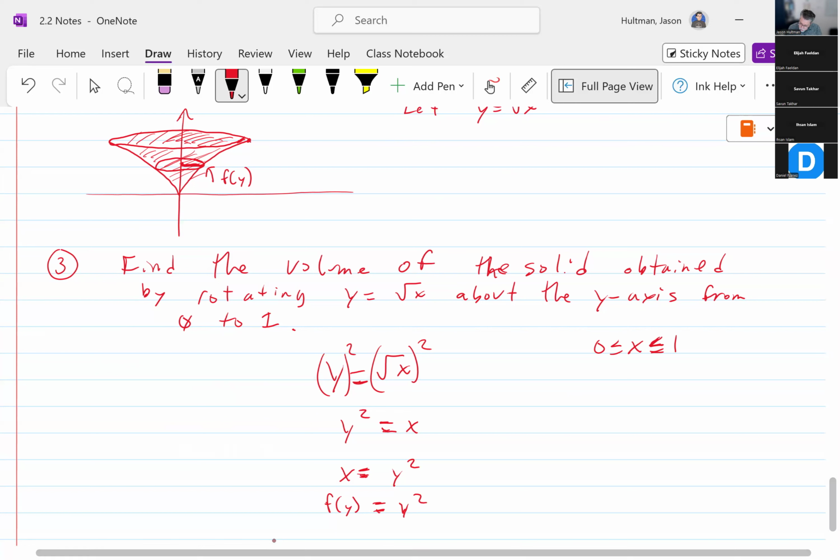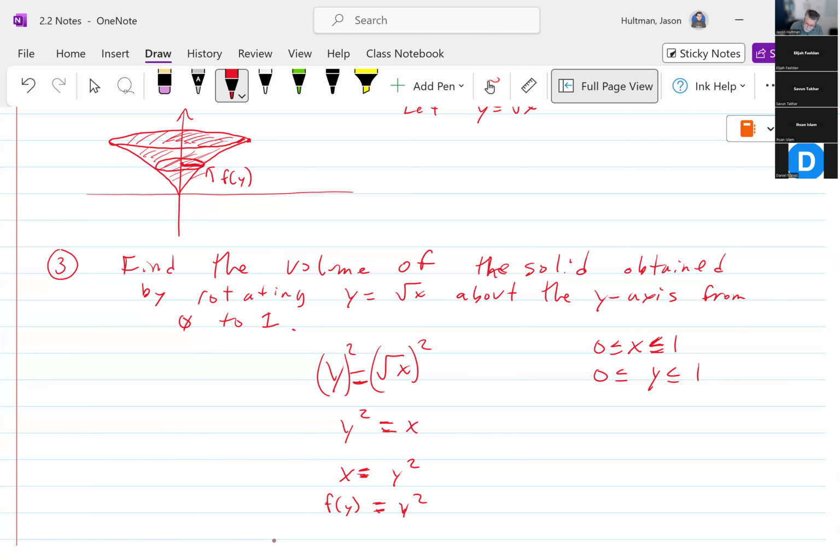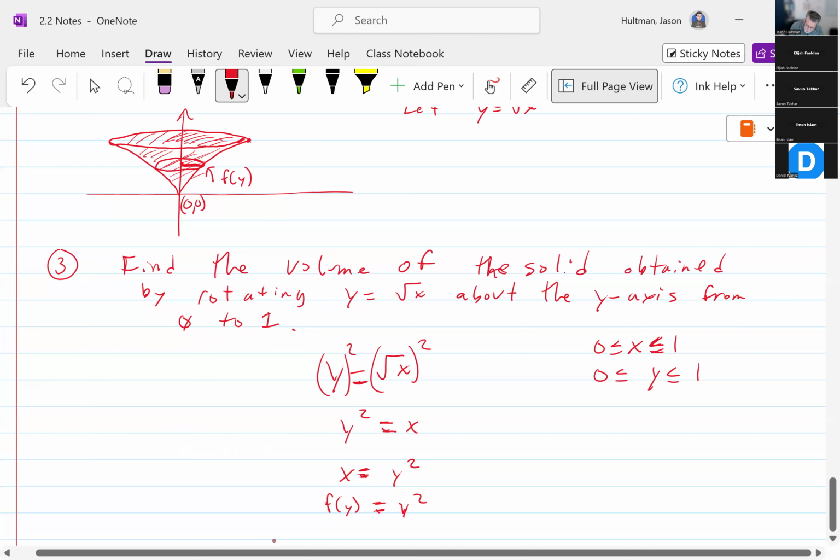Well, if I plug 0 into the original formula, I get y equals 0. If I plug 1 into the original formula, I get x equals 1 or y equals 1. So it has the same limits of integration because I'm going from point 0, 0 to point 1, 1.